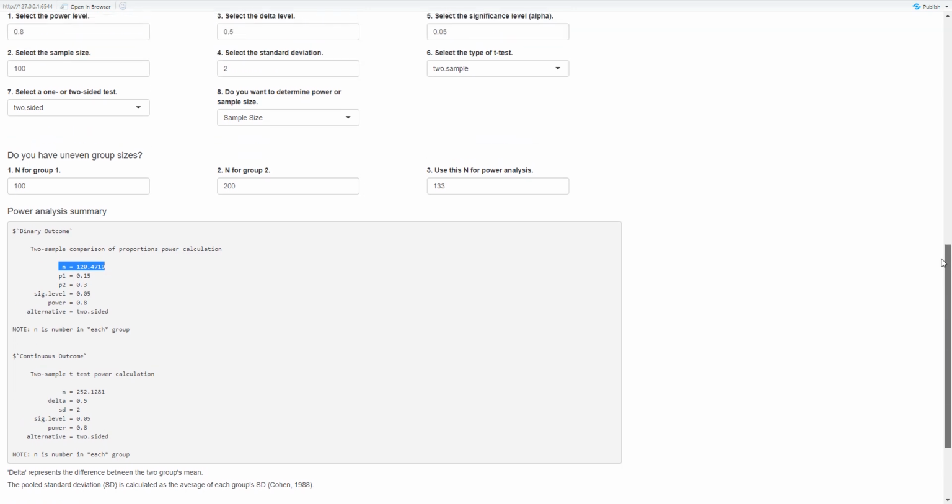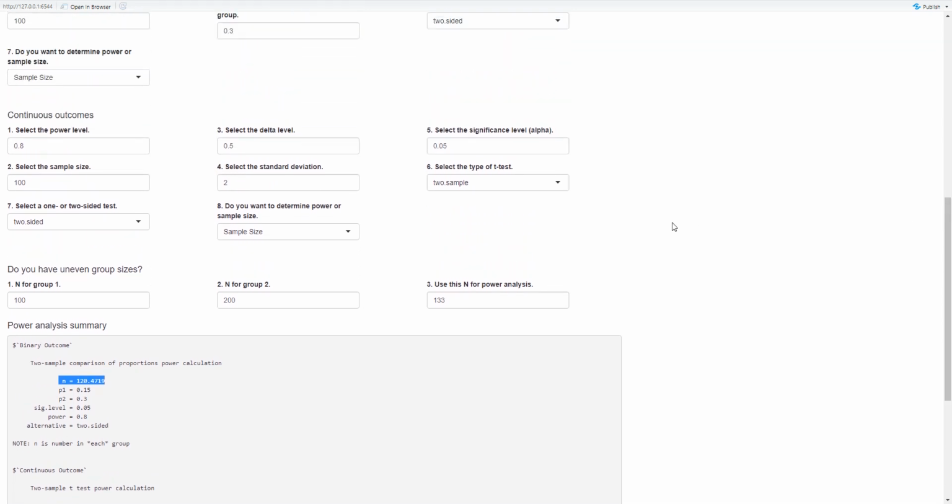So you can see these values here, and under continuous outcomes what we are seeing are the sample size values. Now if we change it to power, we would see what power level we have.